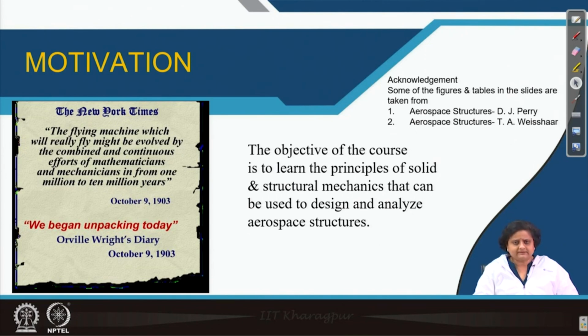Most of the slides that I will be using for the introductory part of the course contain several figures to give a broader picture about the motivation, the importance and the fundamental concepts of aircraft structures.